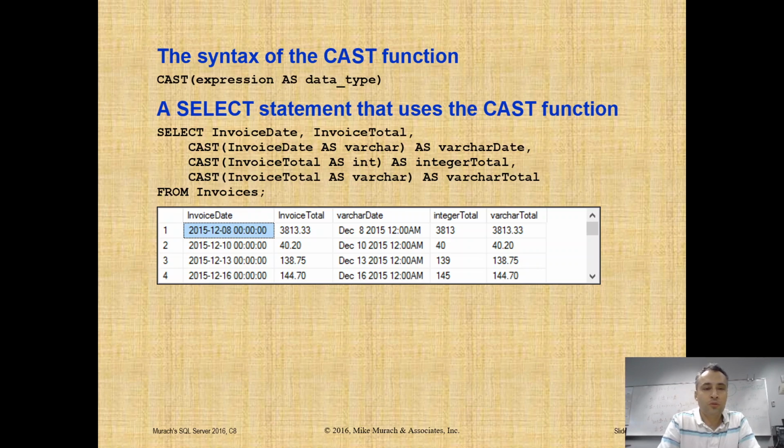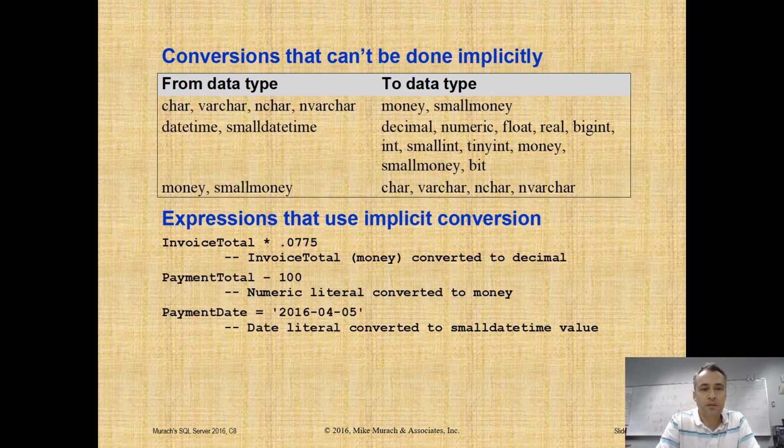For example, if you want to take a char such as a date and convert it to date, it converts implicitly, but the other way, for example, datetime to decimal or to char, you will have to specify.